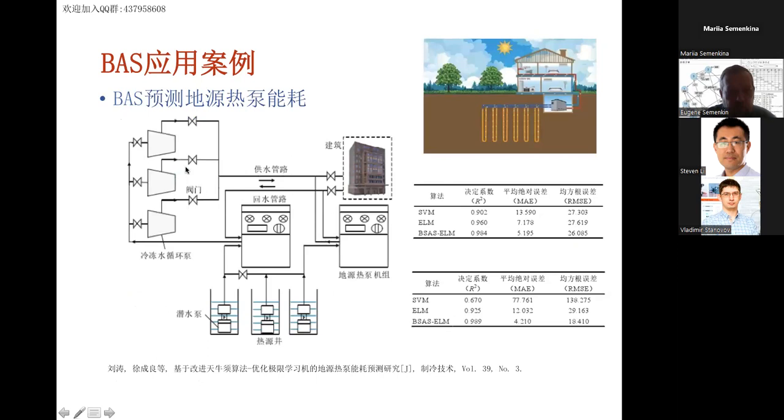Again, the reasons that so many applications are using Beetle Antennae Search are two. The first reason, it is a global optimization for model-free problems. Second reason, computational cost is super low. It can run in embedded systems.